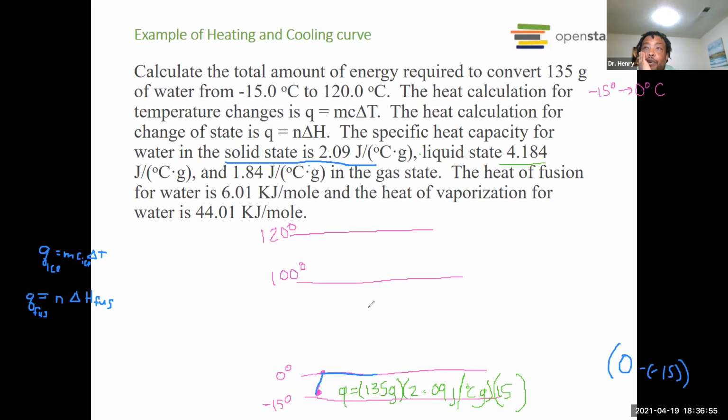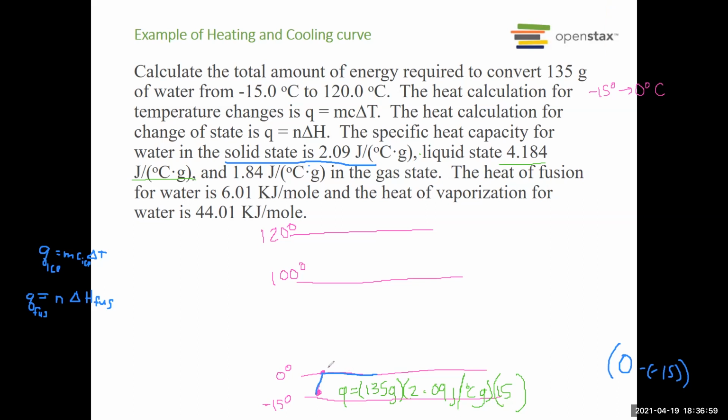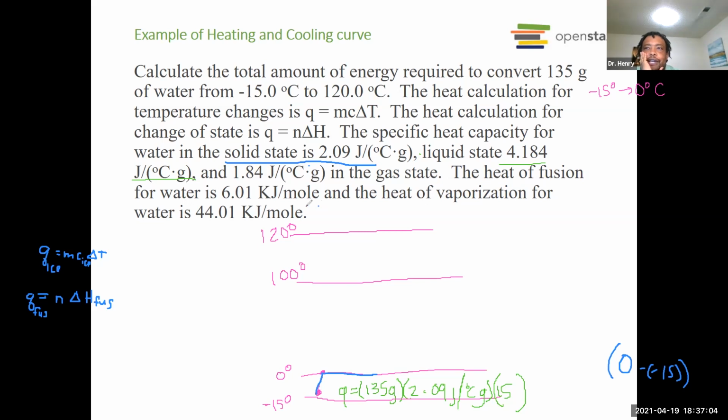Do we use that, or do we use the fusion one? That's right. So we use the heat of fusion, which is here, right? And that's in moles. So we'd have to convert our grams to moles of water.